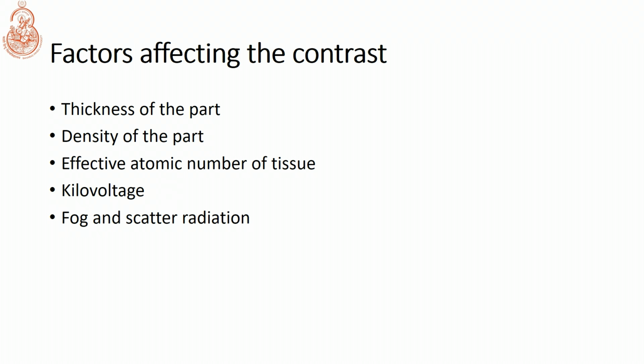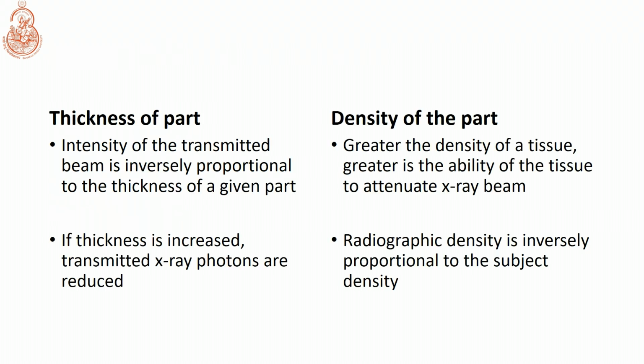What are the factors that affect the contrast? First one is the thickness of the part. Second one is the density of the part, effective atomic number of tissue, kilovoltage, and fog and scatter radiation. Thickness of the part: intensity of the transmitted beam is inversely proportional to the thickness of a given part.